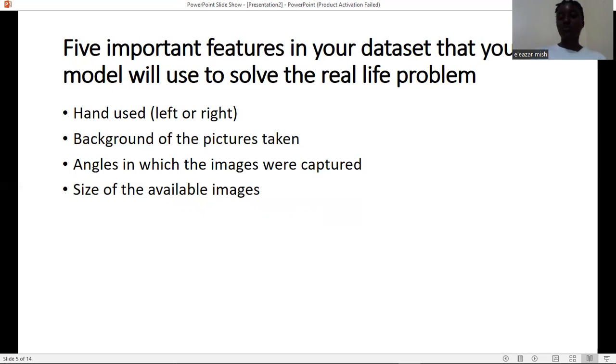Will we be able to use the data set if the background we have differs from the background in the data set? Then the angles in which the images were captured. The better data set had images captured in all the various different angles.